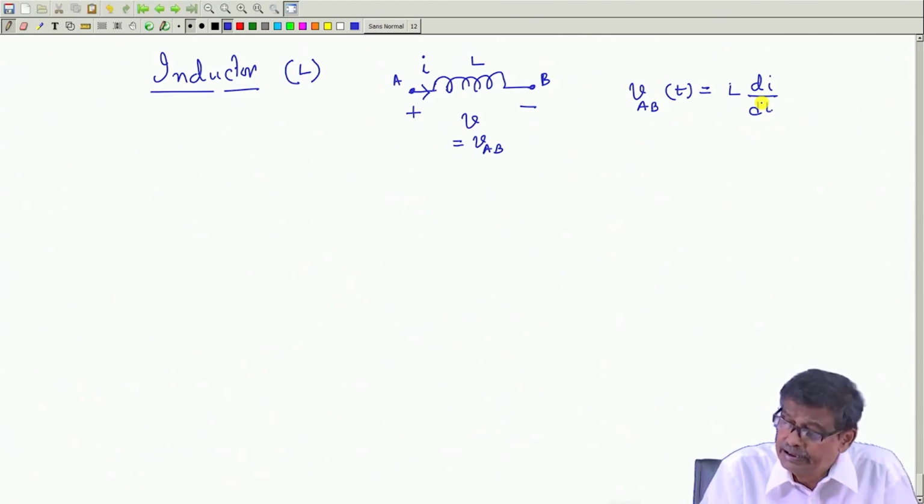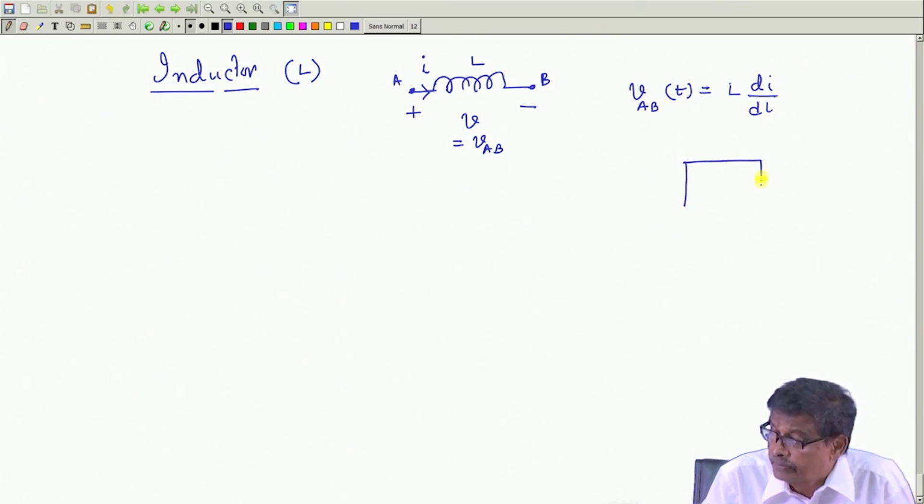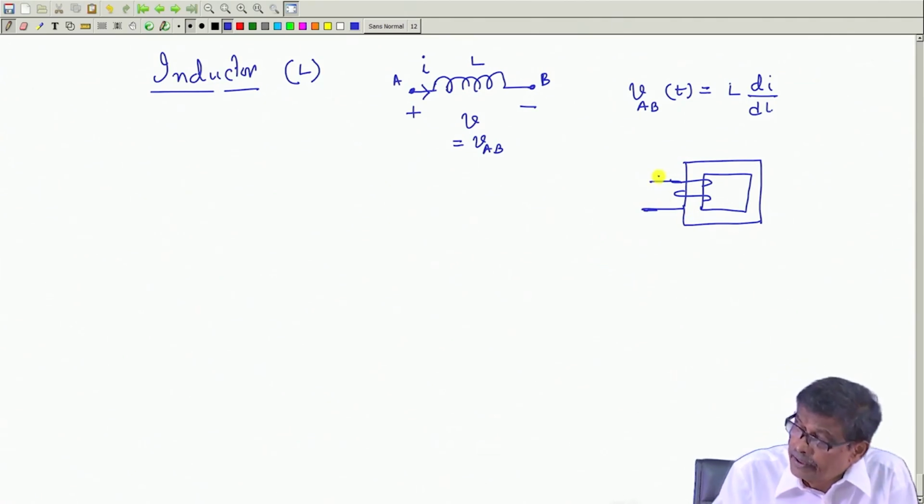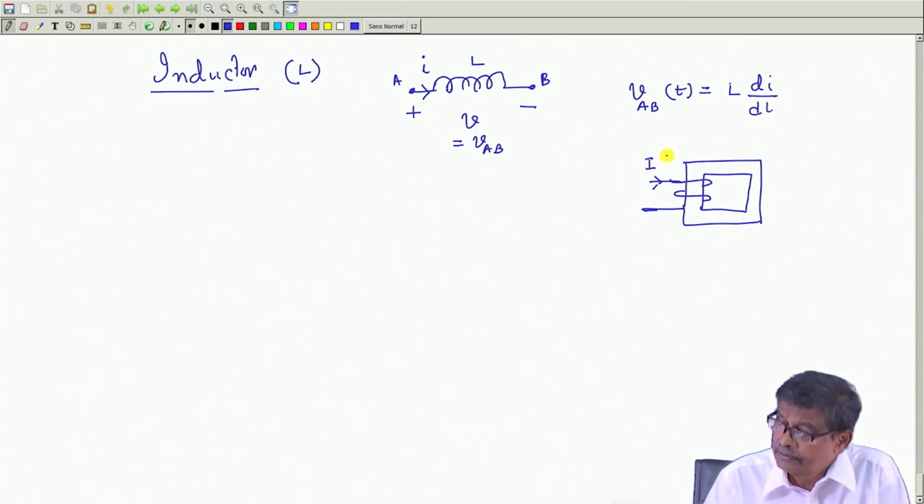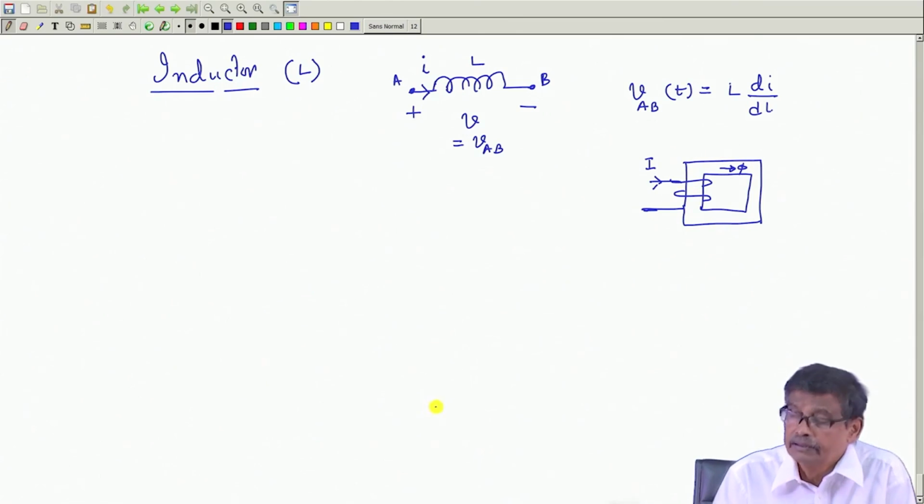Now, the question is inductance as such, I will just tell a few words about that. Inductance is generally manufactured with some magnetic core and some turns are wound like that, and if you pass some current, say DC current you pass, then there will be some flux produced inside the core of this magnetic material.